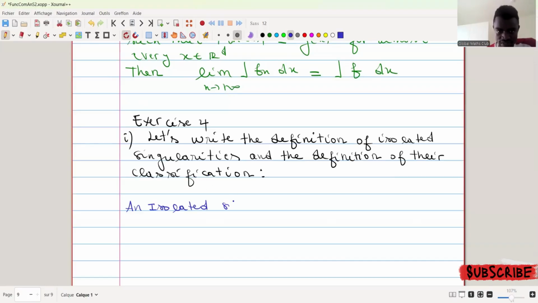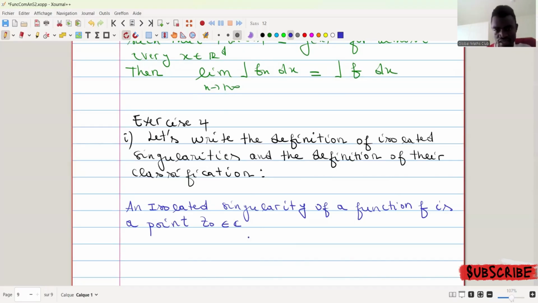An isolated singularity of a function f is a point z0, we are in complex analysis in C, a set of complex numbers, such that f is analytic.